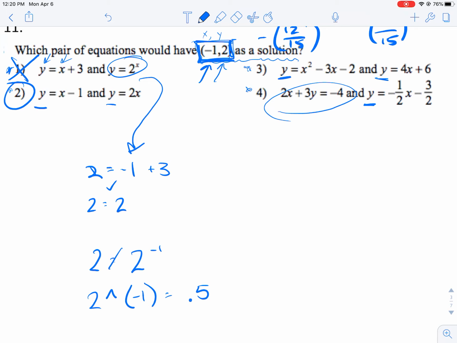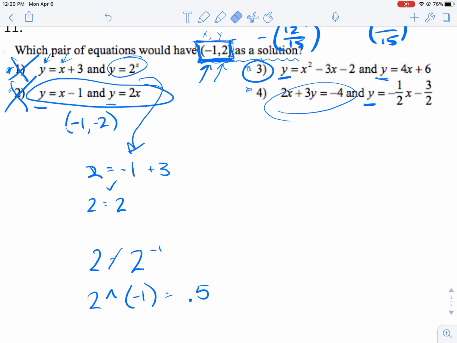You go to your second table. When you hit second table, you go to when x equals negative 1, and you can see y is actually equal to negative 2 for both of these cases. So this point fits for both of these, but we're actually looking for a positive 2, not negative 2. So that one's out.